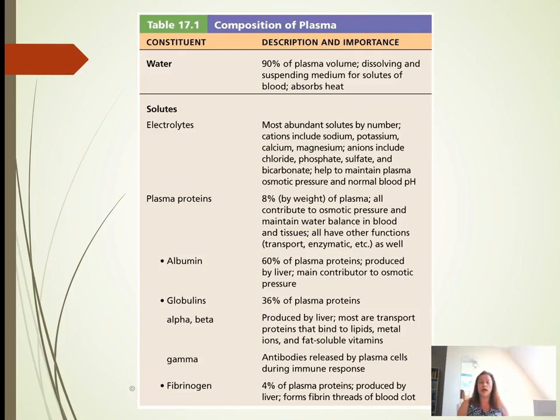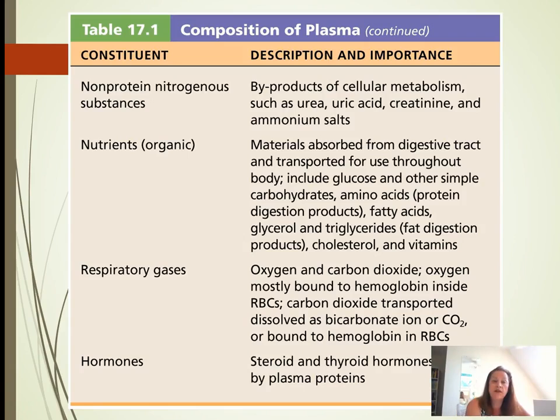Plasma is mostly water, and then all of these various types of solutes, or dissolved substances, from electrolytes, and an electrolyte is basically a salt: sodium, potassium, calcium, magnesium, etc. Then we have plasma proteins, albumin, globulins, fibrinogen, different proteins that have different functions inside the body and inside the blood. We also have nitrogenous substances, which are byproducts or waste products, things that the body is trying to get rid of.